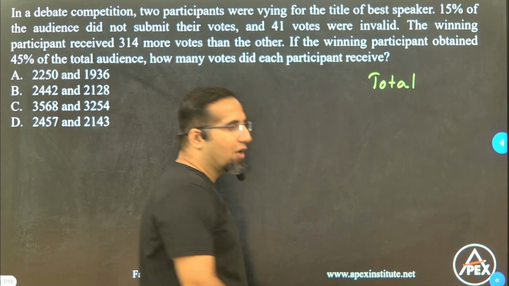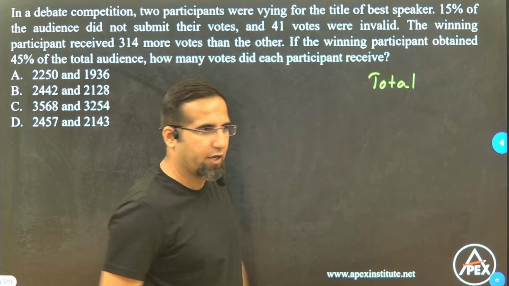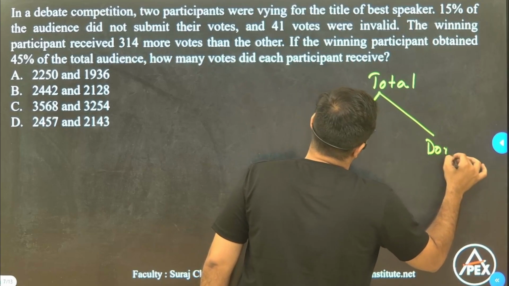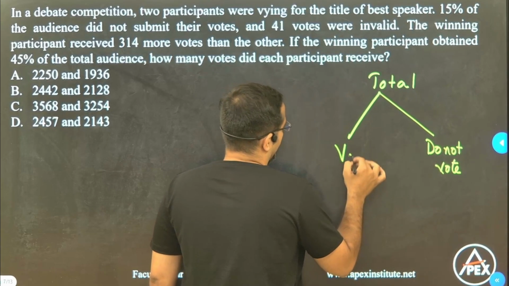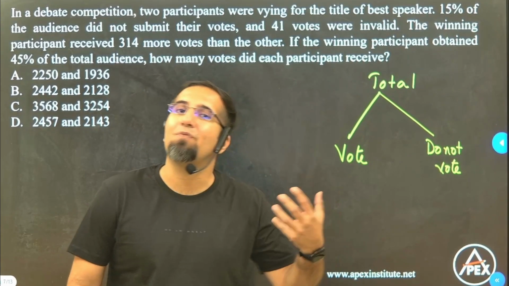ठीक है. टोटल नंबर ऑफ वोटर्स में से कुछ लोग वोट नहीं करेंगे, कुछ लोग वोट करेंगे. So we have some people who vote and some people who do not vote. अब जो लोग वोट करते हैं उसमें से कुछ वोट्स इनवैलिड भी होते हैं.